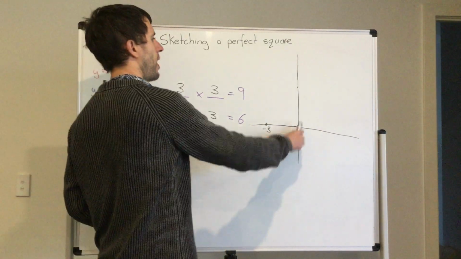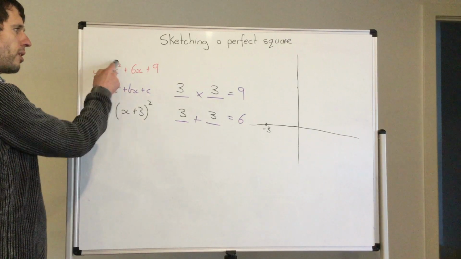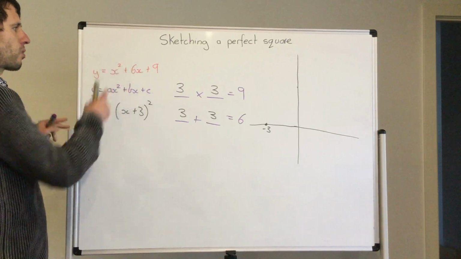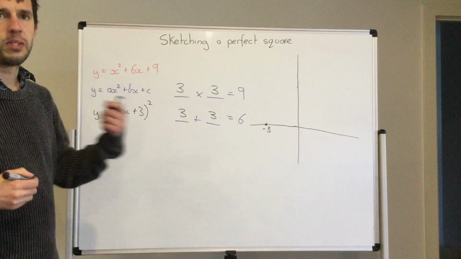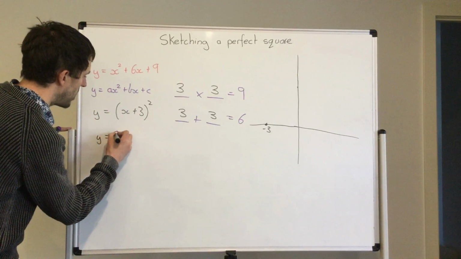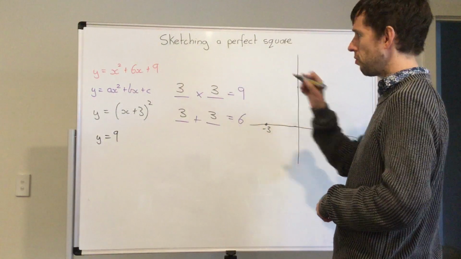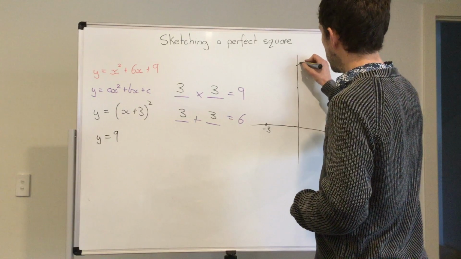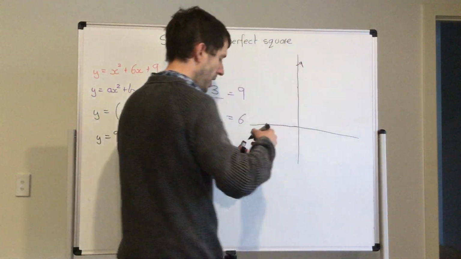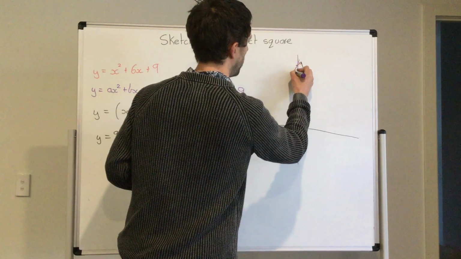If x is 0, 0 squared is 0, plus 6 times 0 is 0. So it just leaves me with y equals 9. So straight away I can tell that my y is going to be 9. And now I am able to draw my parabola.